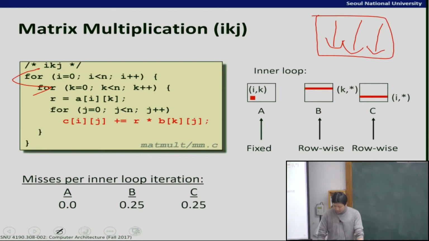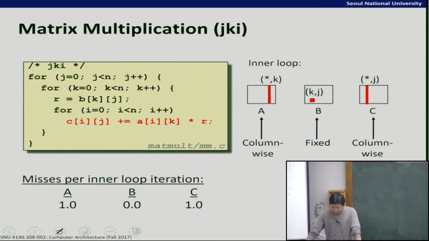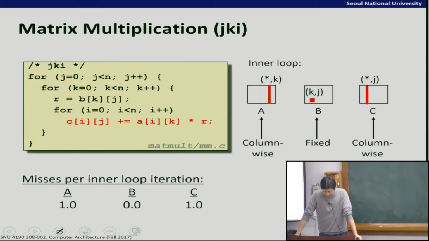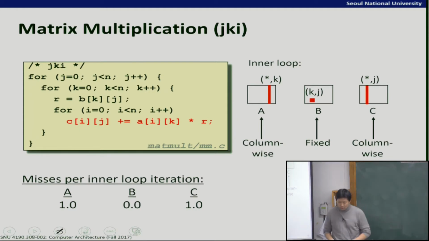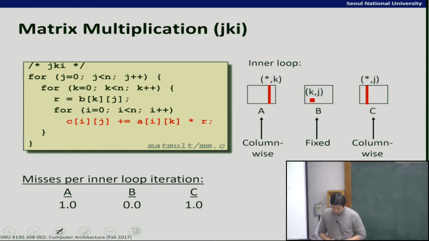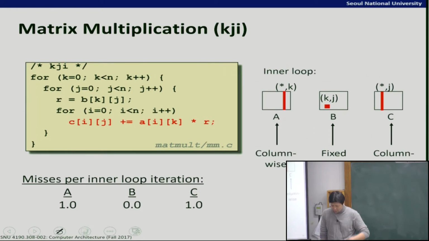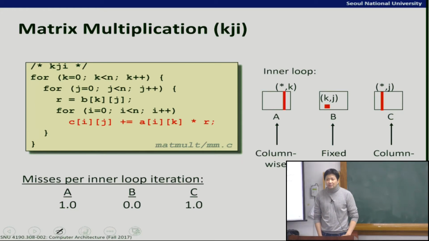Let's try two more combinations. The JKI pattern looks like this. This one is worse, right? In A and C, we have column-wise access in both cases, and B is fixed. So the cache miss rate per loop iteration will be 1.0, 0.0, and 1.0, which is over two misses per loop iteration in total. Likewise, KJI does the same, with column-wise access.